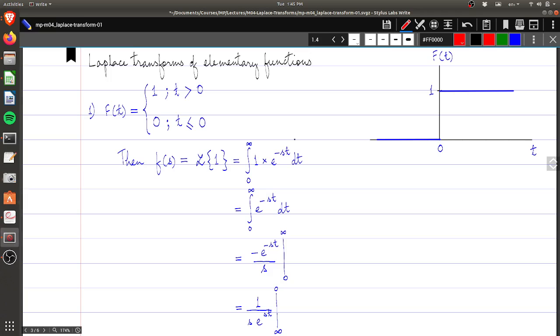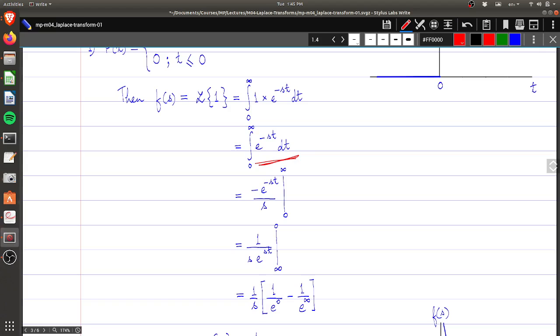Here a is 0 and b is infinity in case of the Laplace transform. So integrating from 0 all the way till infinity, because the function is 1 it won't make any difference, so we'll simply have the integration of e to the power minus st dt.